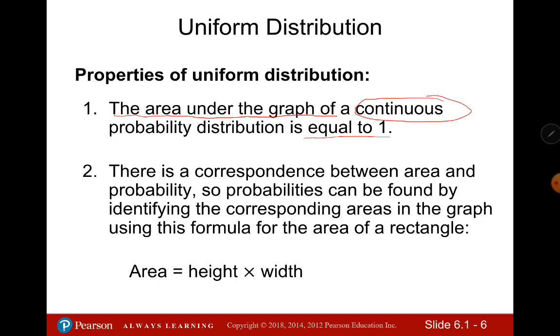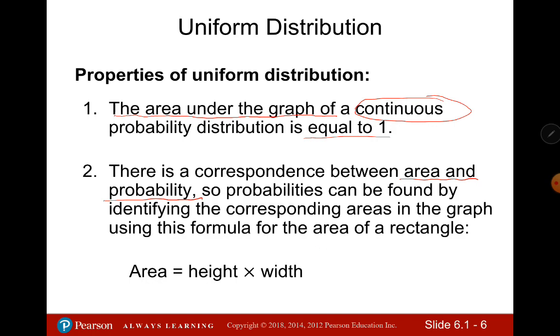We are no longer talking about discrete distribution, because here the uniform distribution and the normal distribution are continuous distributions. So the property is just for continuous distributions. The area is equal to 1. And there is a relationship between the area and the probability. How can we find the probability?